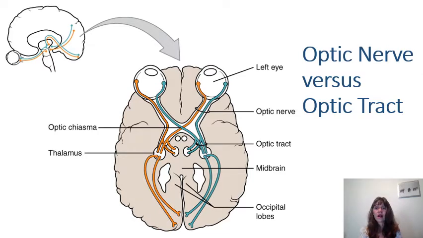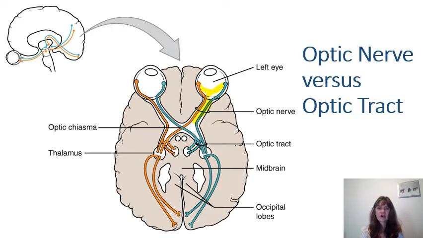Here's an example of a nerve versus a tract. Coming from the retina of the eyeball, where we have bipolar neurons, we see that there are structures that form the optic nerve.